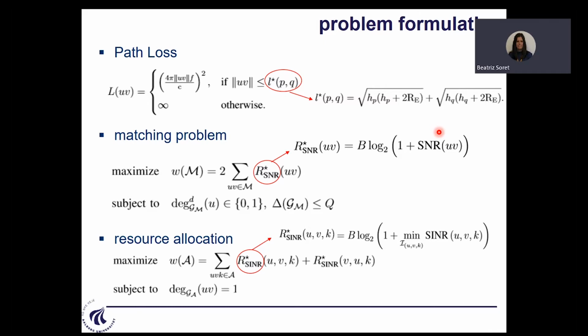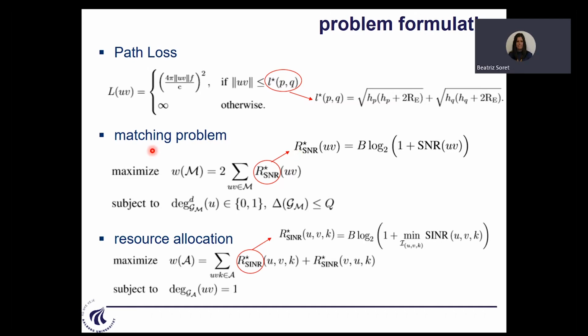Technically, I just want to mention in the problem formulation, we have to define the path loss, and to decide that two pairs can talk to each other, we have also a maximum distance, meaning that if they are too far away, we don't include them in the graph. And the threshold to decide when to stop is the intraplane distance. So we keep as the maximum the intraplane distance.